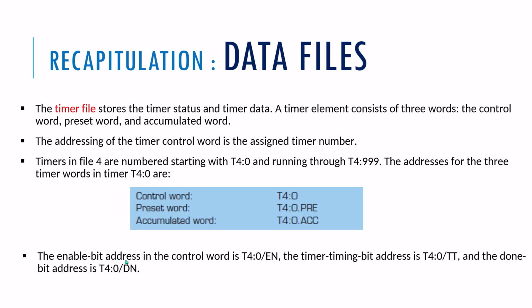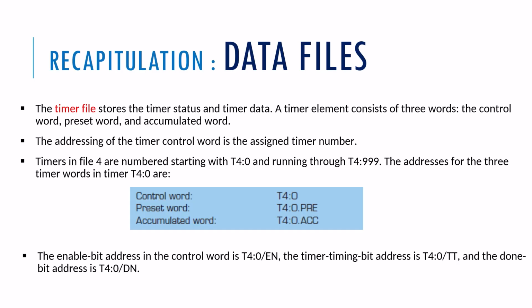Now definitely there are three output bits for any timer. We have seen in our earlier unit that one is the enable bit. This is the enable bit address, T4:0/EN. Then the timer timing bit address is T4:0/TT, and the done bit address is T4:0/DN. These enable, TT or DN bits are in some way connected to the output file register.